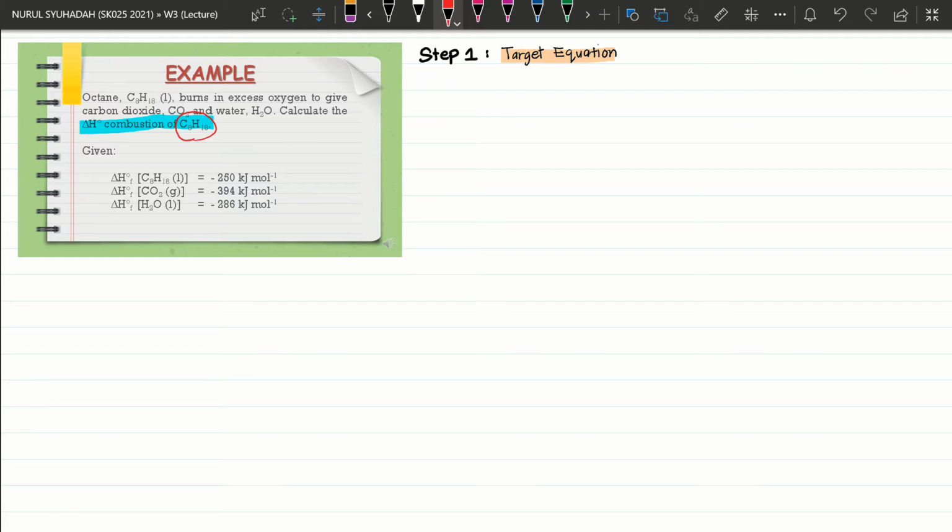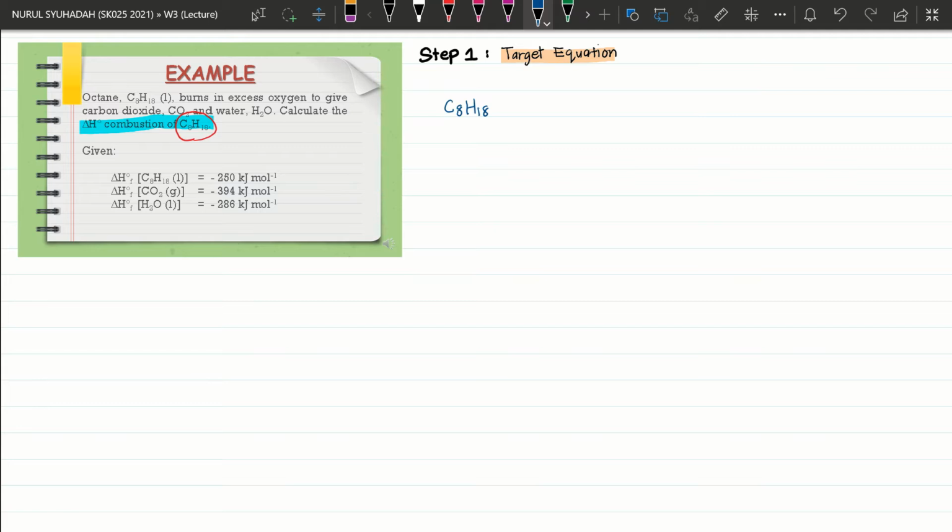So the target equation that you should write down is the combustion of octane. You must start with C8H18, and for chapter 2 you need to make sure you write down the phase of each compound given.